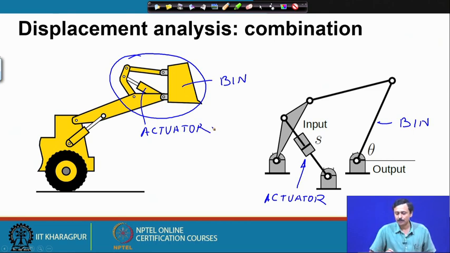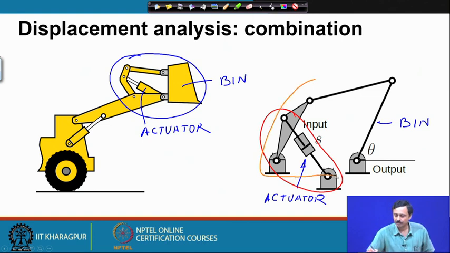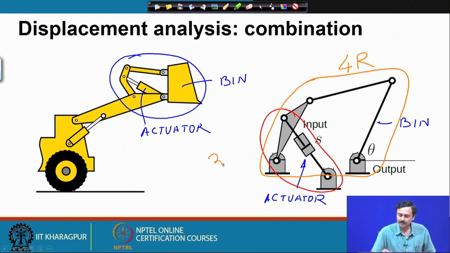When we have to solve such problems, it is a combination of a 3R1P chain of second kind and a 4R chain. So, we have a 4R chain and we have a 3R1P chain of second kind.